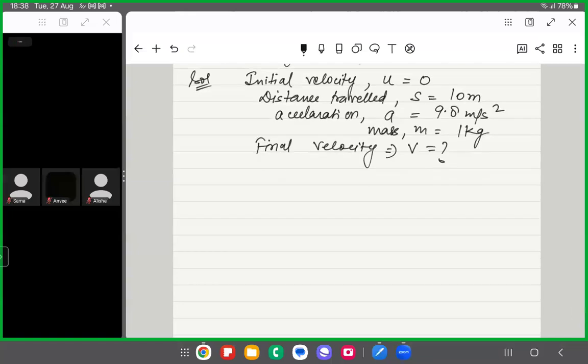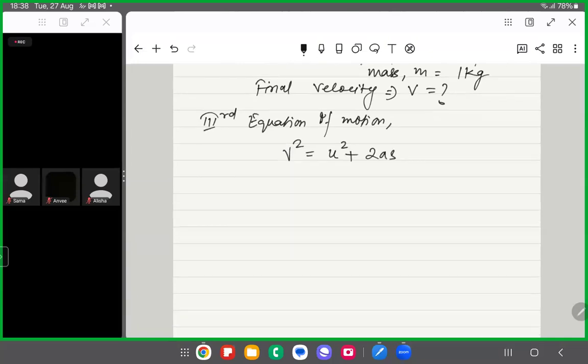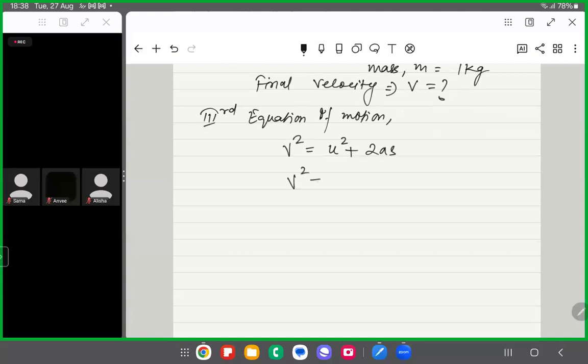So by the third equation of motion, we have v square is equal to u square plus 2as. Getting it? So v square is equal to u square, u is 0, plus 2 into acceleration 9.8 into s. s is 10 meters, right?